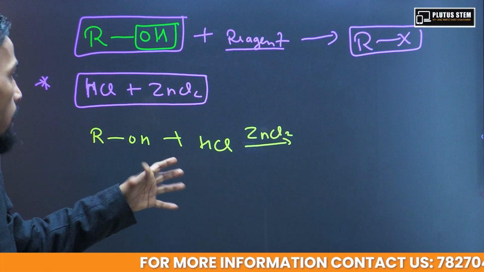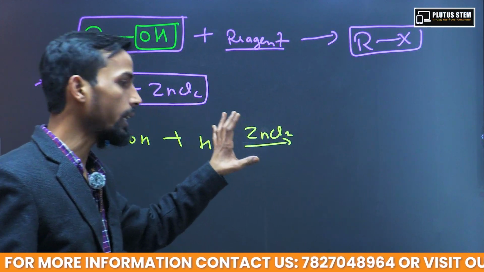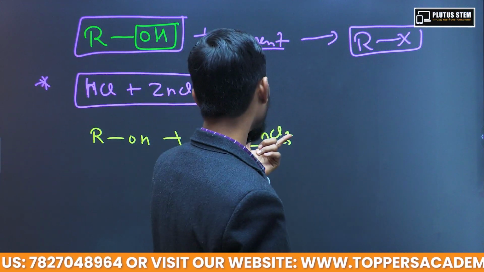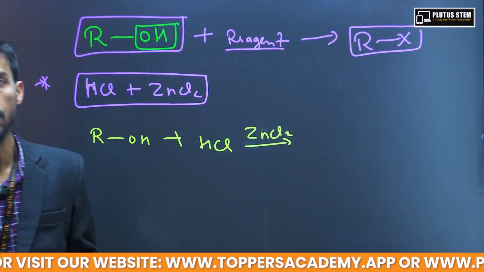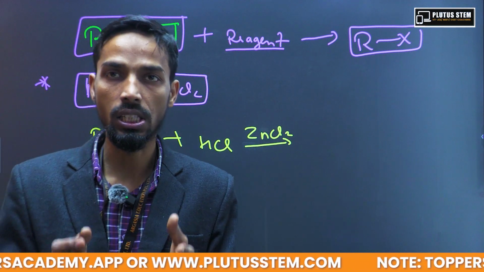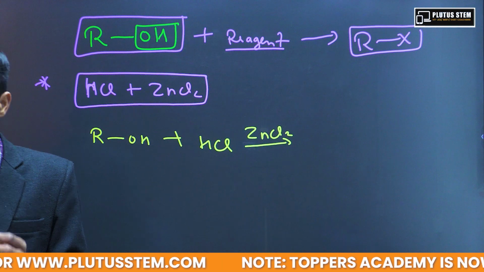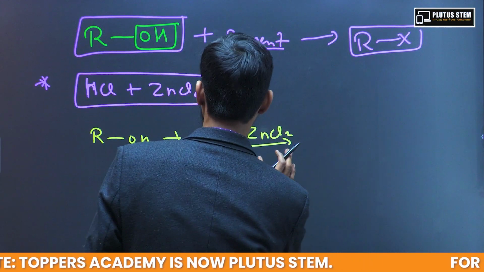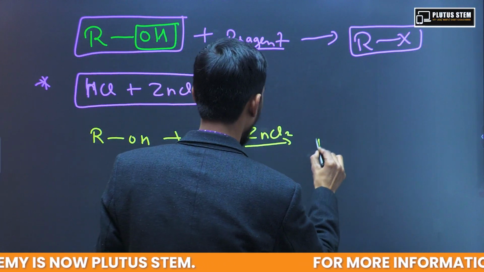Initially it will react, but afterward it is released in the same form, as if it hasn't been consumed in the reaction. So it participates initially, and afterward the same ZnCl2 leaves the reaction. This will give us RX.